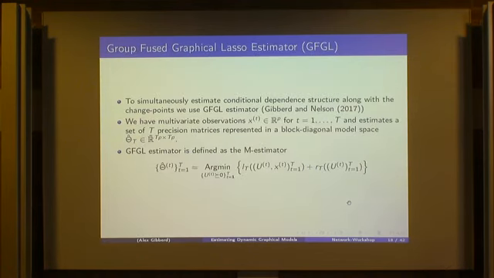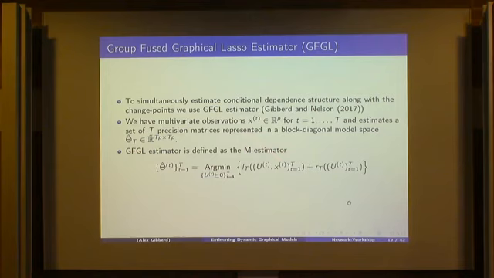There was a previous paper by my co-author and another person in 2017 where they used this kind of estimator to find the conditional dependence structure. In this particular context we also use multivariate observations coming from a p-dimensional normal for t equal to 1 to capital T. Remember, we have T precision matrices, but many of them could be equal over time.